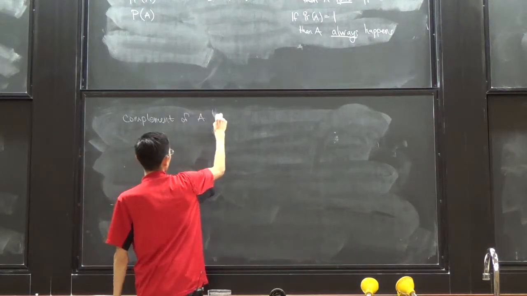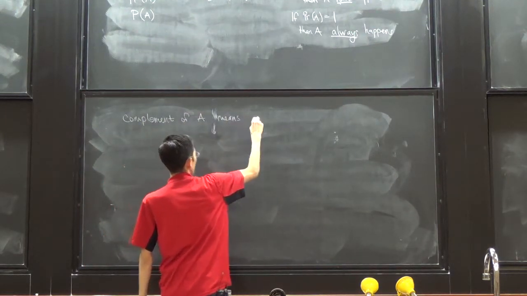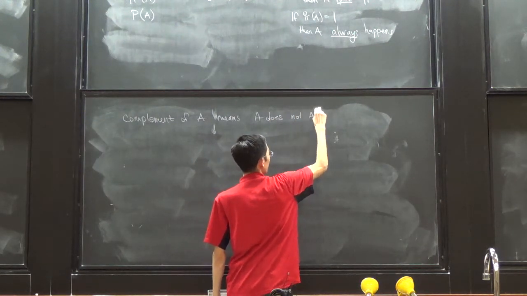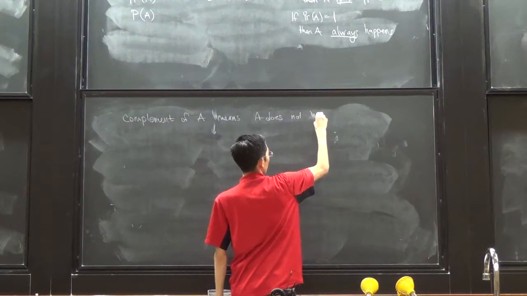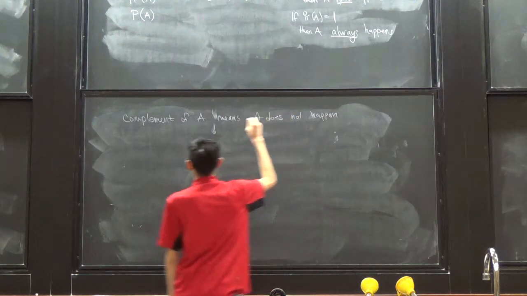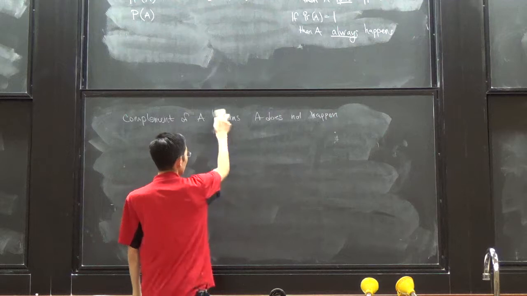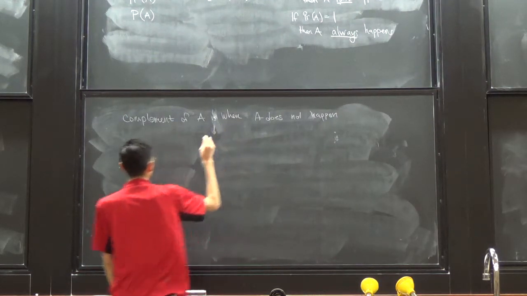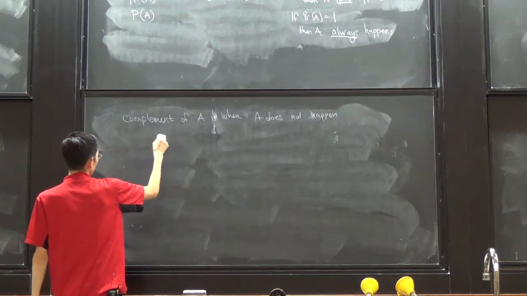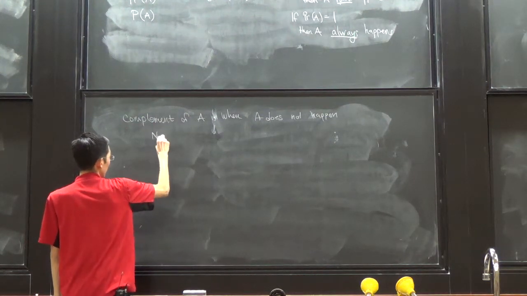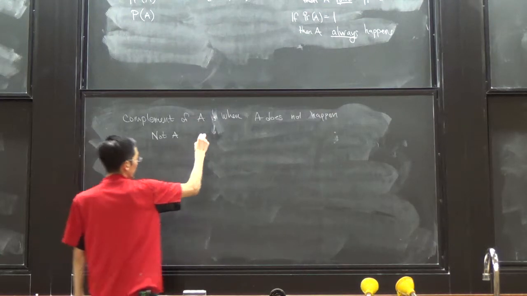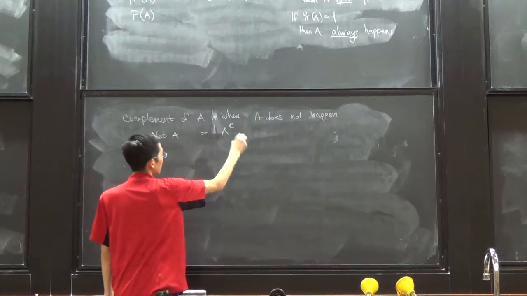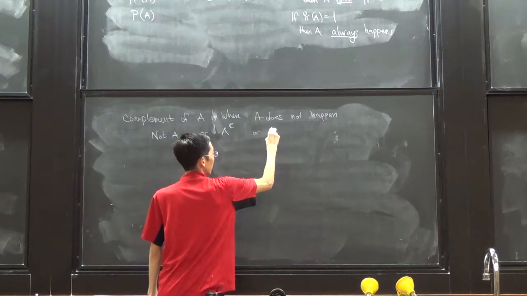Complement of A means A does not happen. I should say the complement of A is the event, or is when A does not happen. Okay, and we might write the complement of A as not A, or it's also written as A complement or A prime.